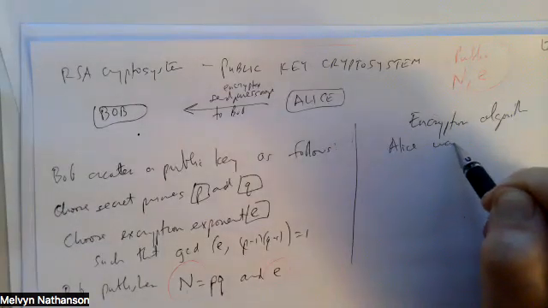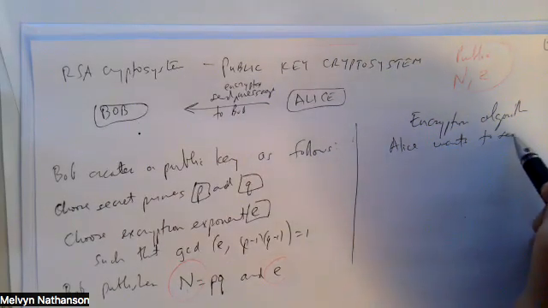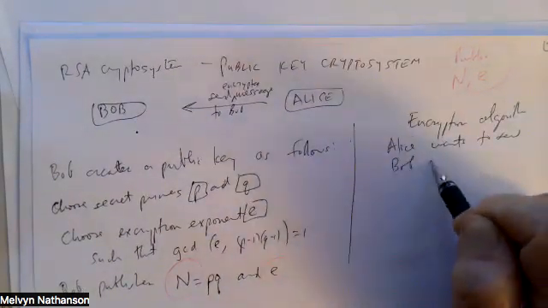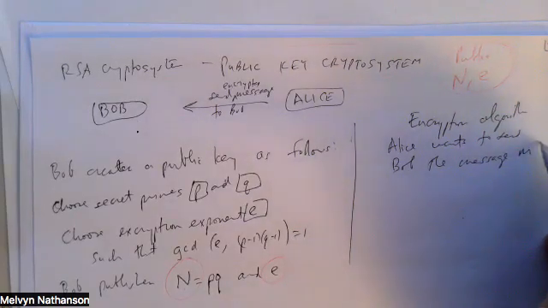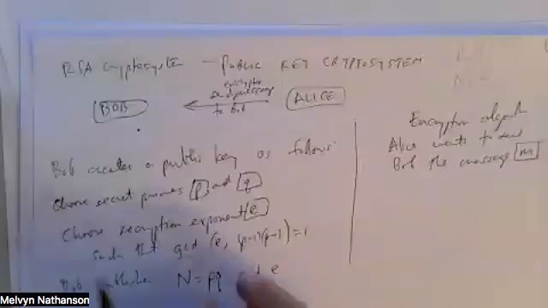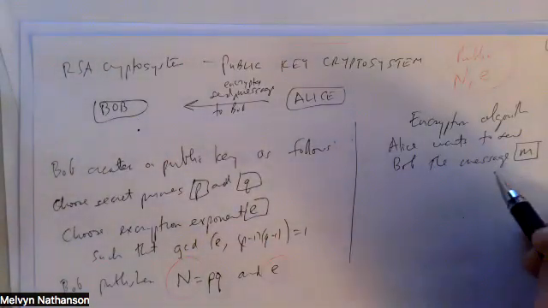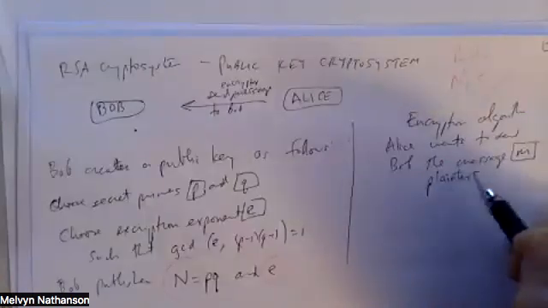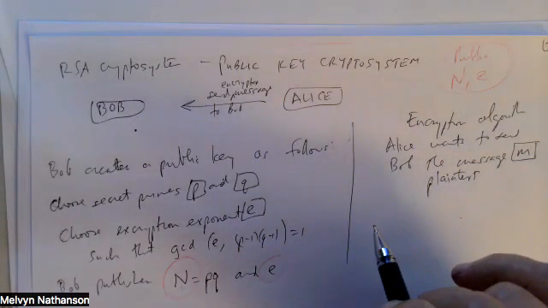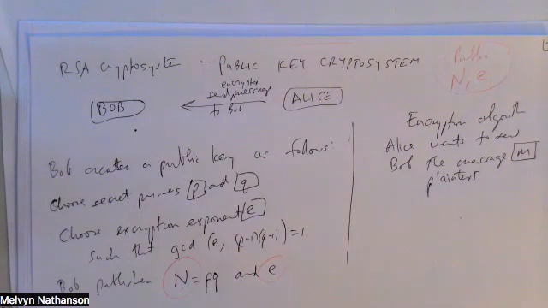Alice wants to send Bob the message M. So M is some number, but that's the plain text. She doesn't want Eve, the interceptor, the spy, the enemy, to know what M is.